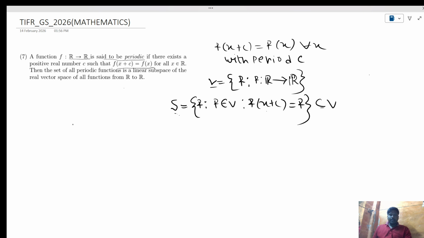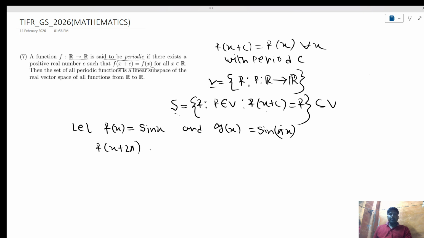Okay, so let f of x equal sin x and g of x equal sin pi x. Here f of x plus 2 pi gives f of x, because sine of x plus 2 pi gives sin x.